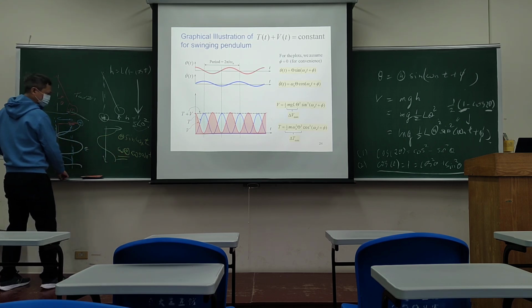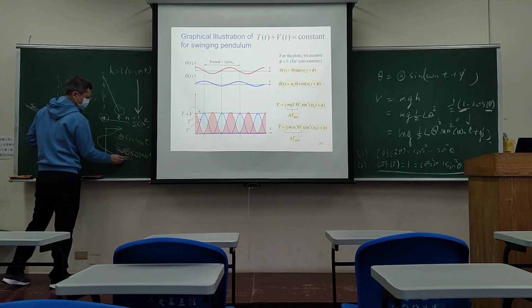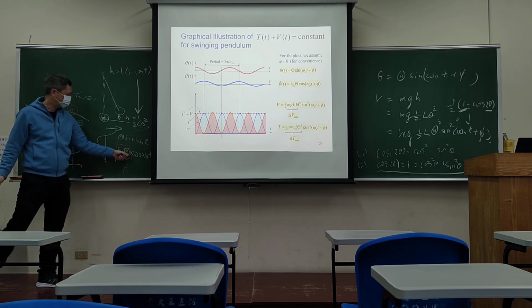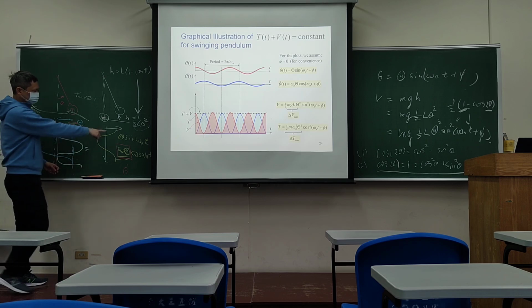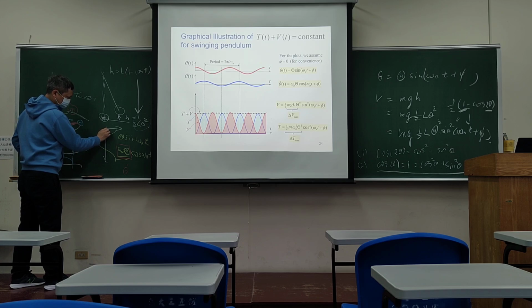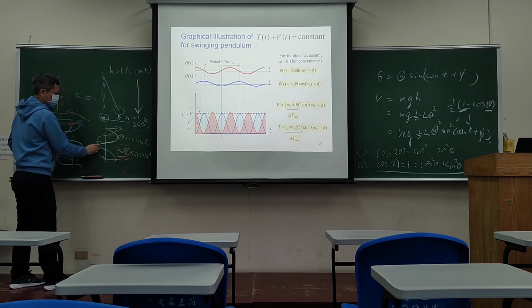It's not having the same amplitude as the angle. This is the new amplitude of the angular velocity, that is omega times the amplitude of displacement. So if this is a sine wave, my cosine should be something like, is it this? Then I come to the zero at this point, and come to the peak at this point, come to the zero at this point. So I redraw it.